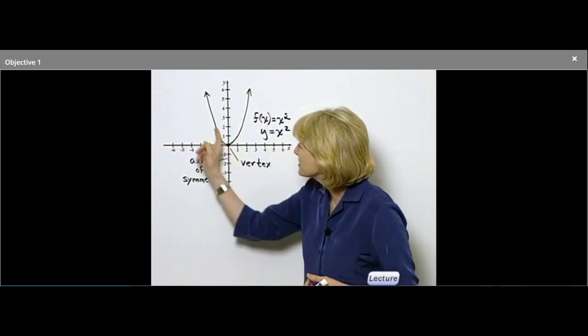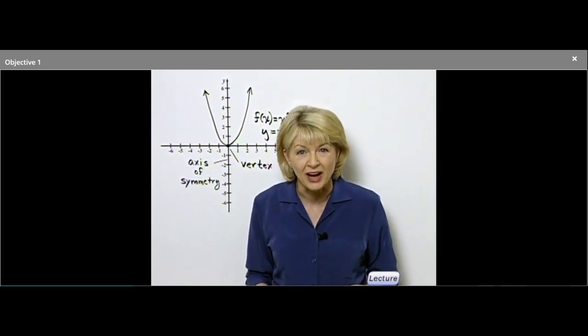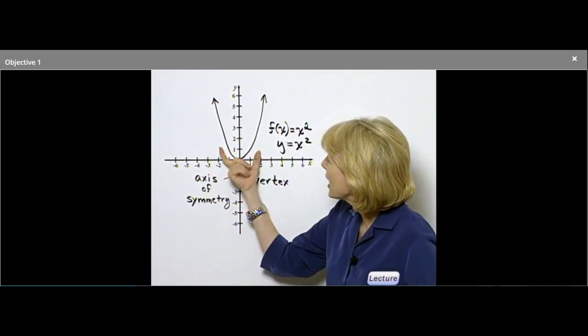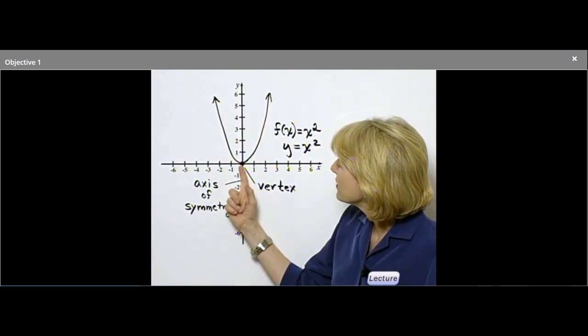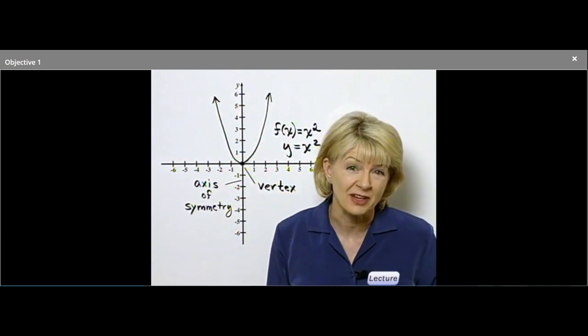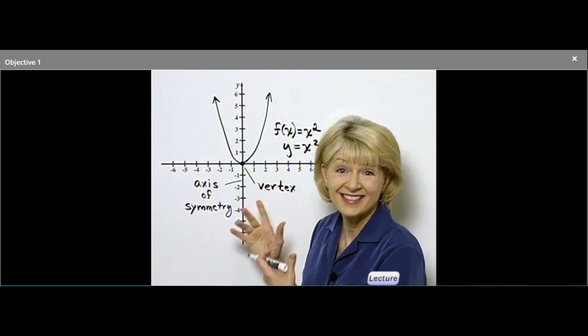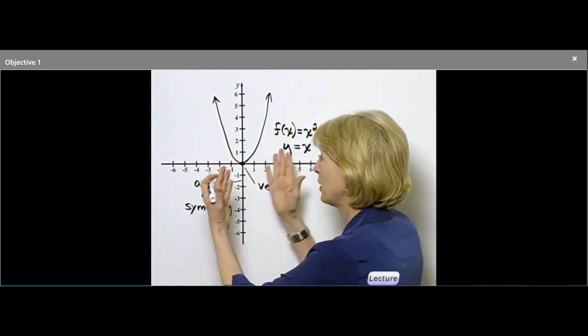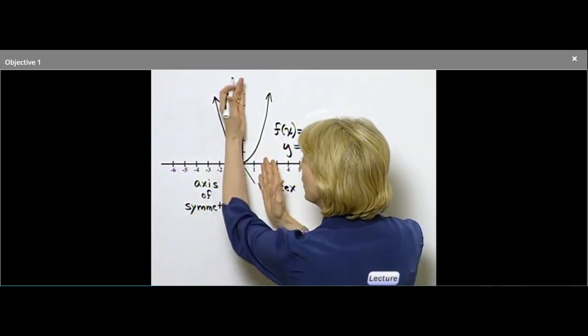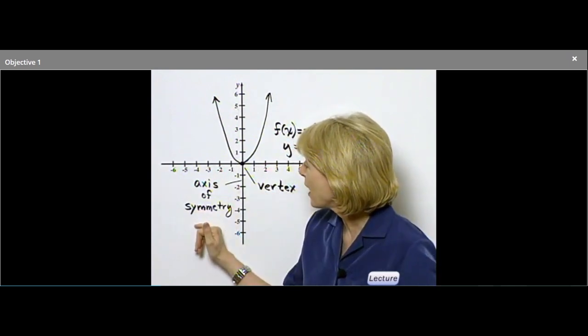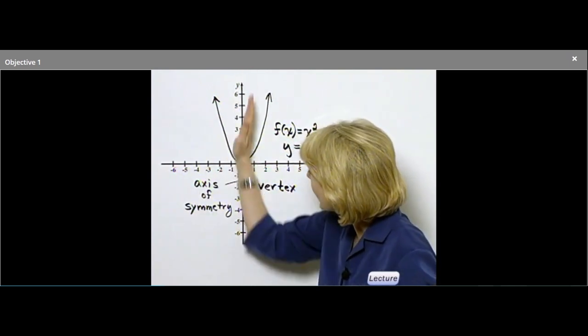Its shape is given a special name called a parabola. Since this parabola is opening upward, this lowest point is given a special name called the vertex. Now, if you notice, this is a sketch, but supposedly this is what we call symmetric about this y-axis.